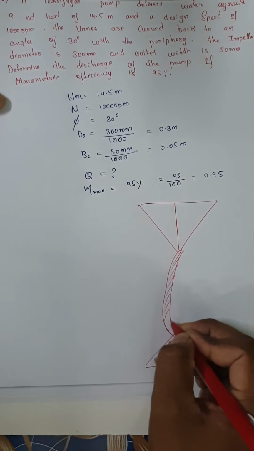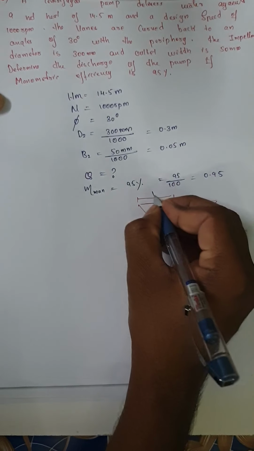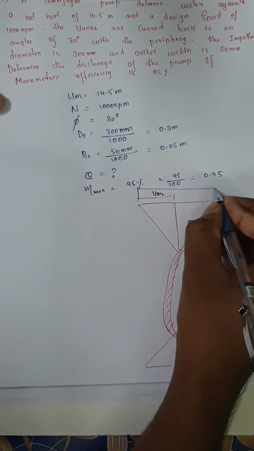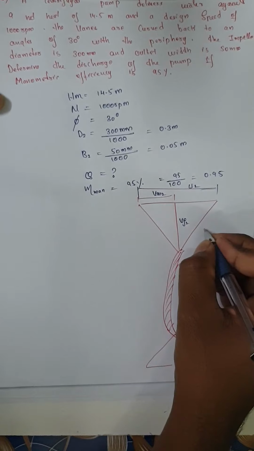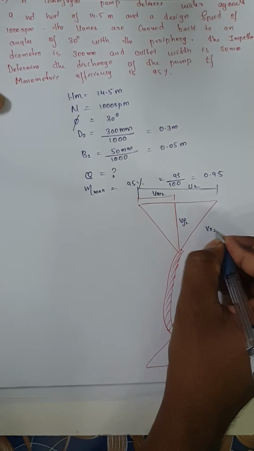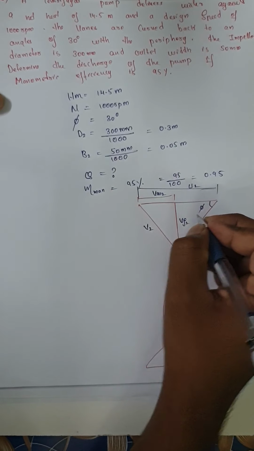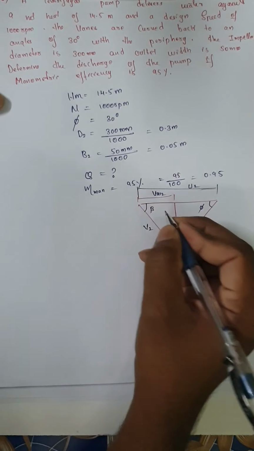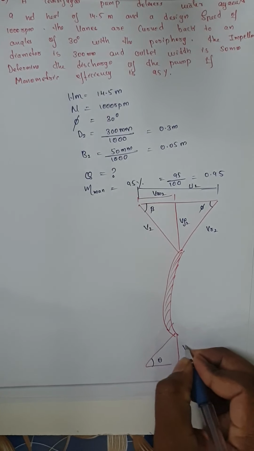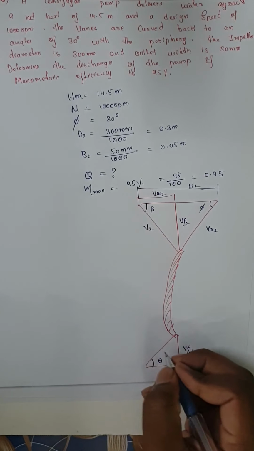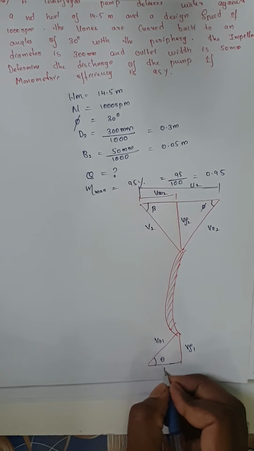From here to here you take as VW2, and the overall you take as U2, this one is VF2, this one is VR2, this one is V2, this one is phi, this one is beta, this one is theta, this one is VF1, this one is VR1, and this one you can take as U1.